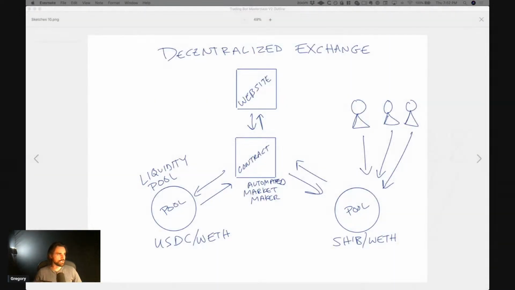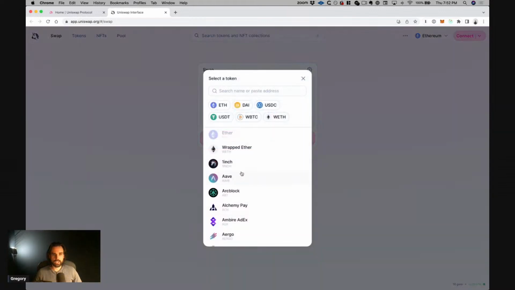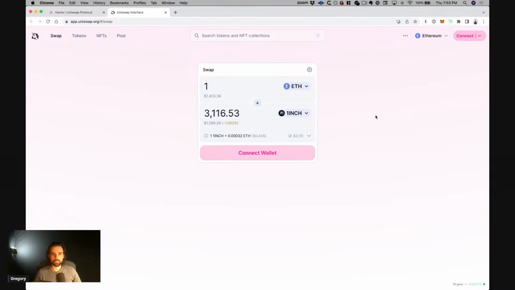It's a decentralized exchange, or a DEX, which basically means that it is an app powered by smart contracts on the blockchain that lets you trade tokens. You just tell it which cryptocurrency you have and which cryptocurrency you want, say I want to trade 1 Ether, and it tells you how many 1-inch tokens you're going to receive for that trade, and you just click swap, and it does the swap for you, okay?